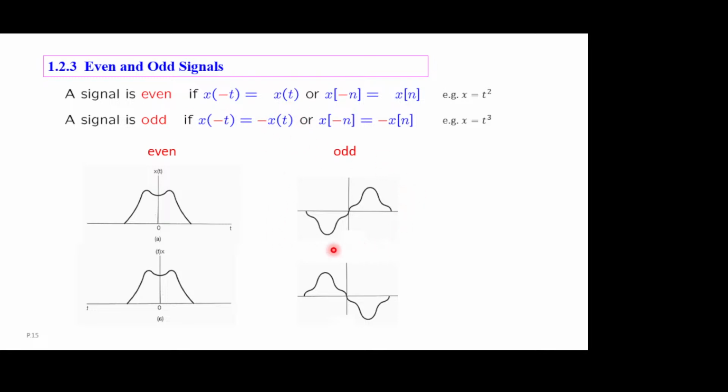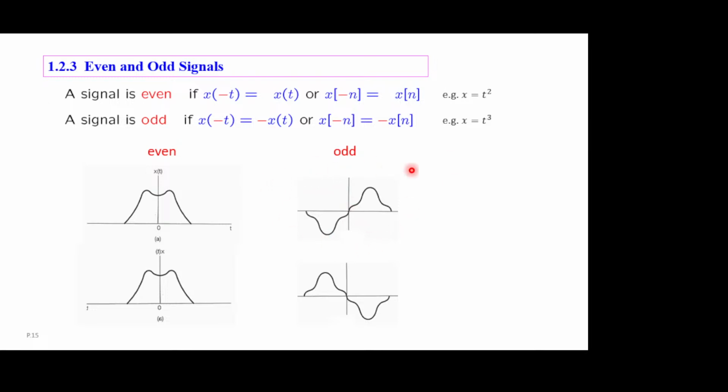A picture of that phenomenon is this. When you flip left and right, the signal also flips up and down. Or you can think about it as rotating around this 0 point by 180 degrees and the signal doesn't change. So it's a different kind of symmetry.